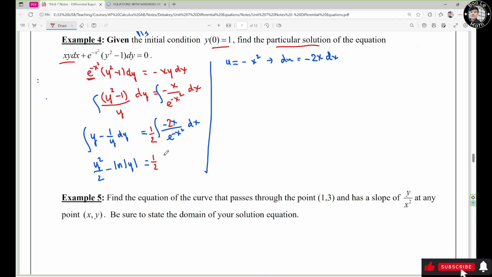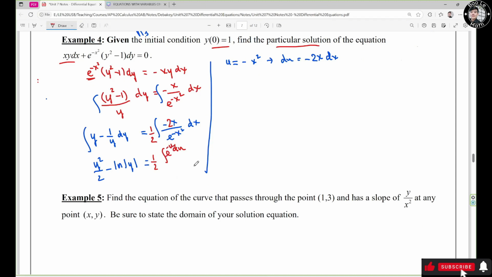So this turns out to be the antiderivative of du over e to the u. Now e to the u, I can write as e to the negative u right here.